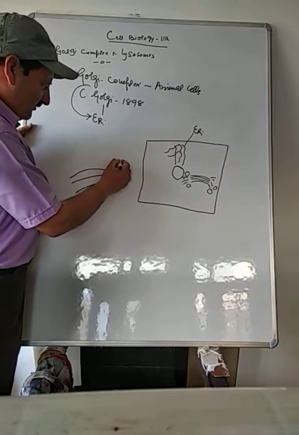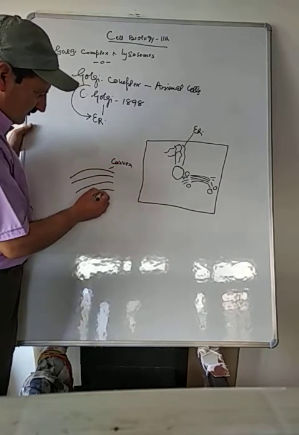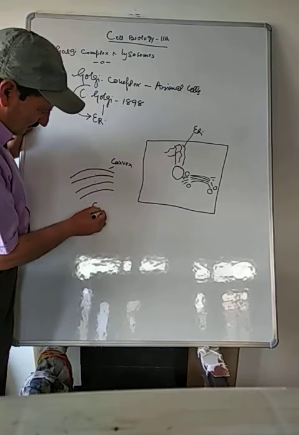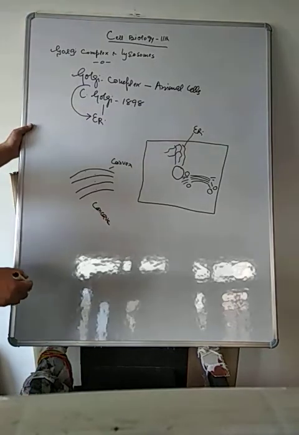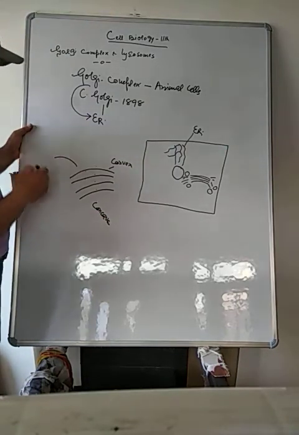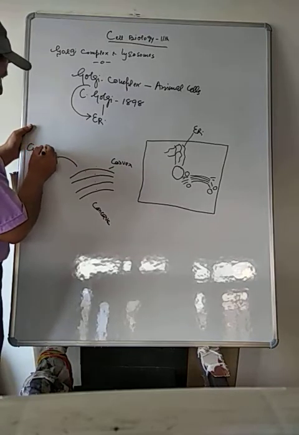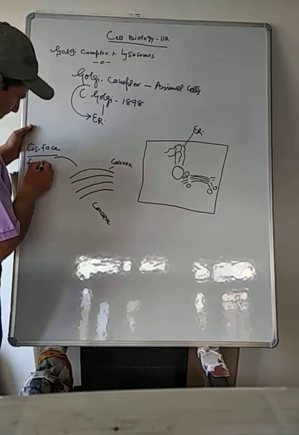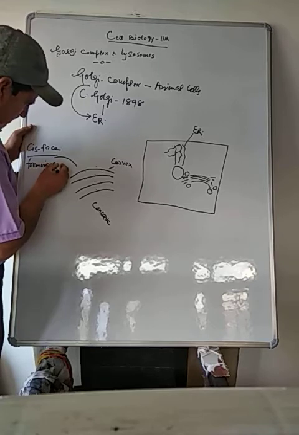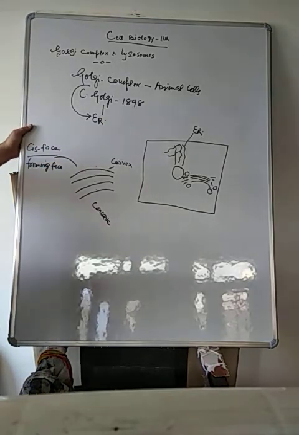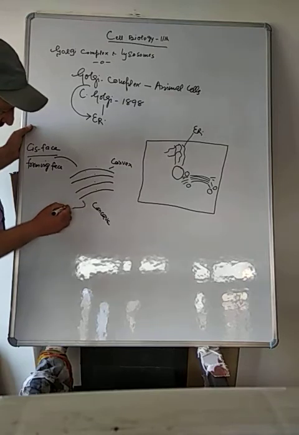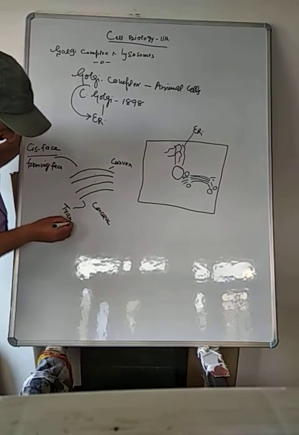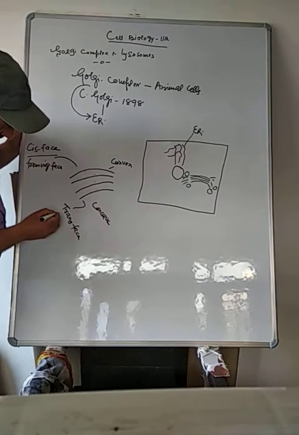This is the convex surface, and this is the concave surface. Convex surface is also called cis-phase or forming phase, whereas the concave one is called trans-phase, or maturation.